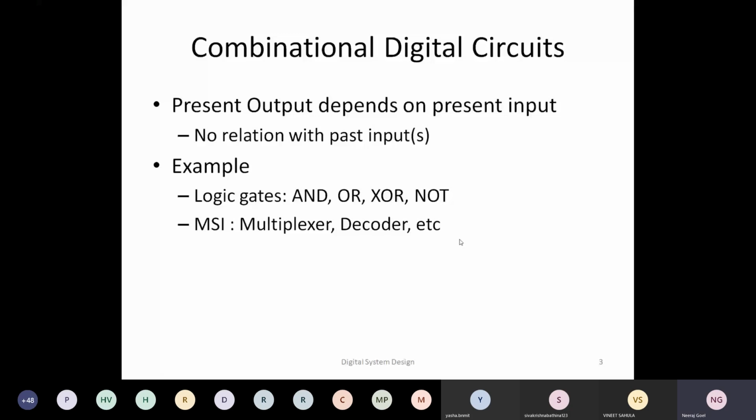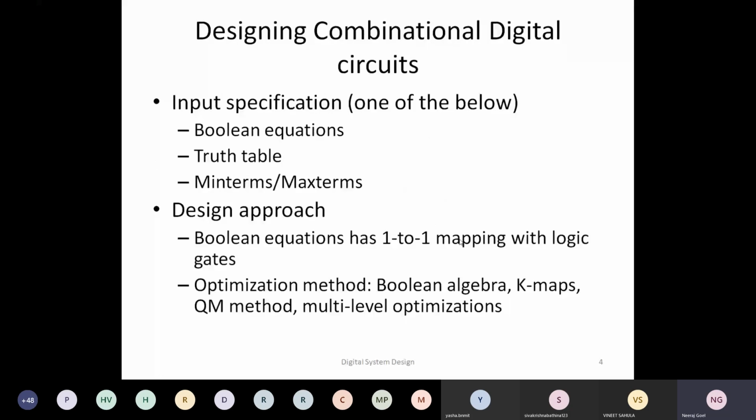If I want to design a combinational logic, then some input specification would be given to me, because since yesterday we are talking about specification, somebody will specify that this is the circuit I want to design. From whatever course we have done, for combinational logic particularly, one of these three is given as an input specification.